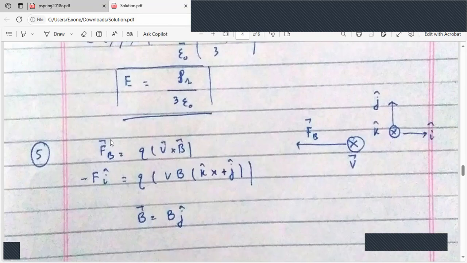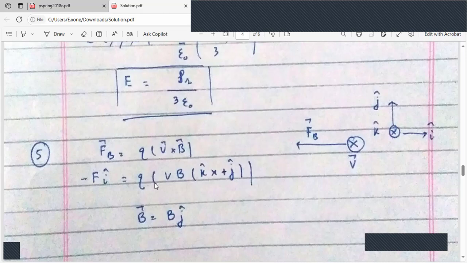We can find it by using the formula for the magnetic force on a charge q with some velocity v. Here is the formula: q v cross B is equal to F. We are given the direction of the magnetic force and the velocity, so we can set up this problem by introducing a coordinate system. Here we are using a coordinate system with z-axis into the page, y-axis upward and x-axis horizontally to the right.